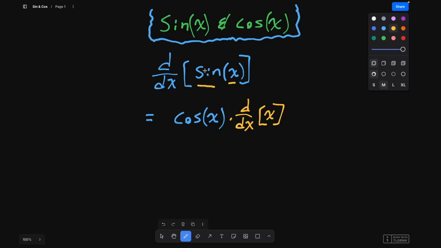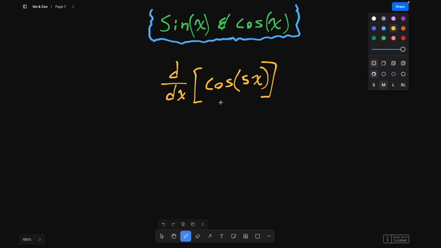So when we take the derivative of sine of x, we have cosine of our inside function multiplied by the derivative of our inside function, which in this case is just 1. So it would be cosine of x times 1, or just cosine of x. With that chain rule in mind, we can take derivatives of functions like cosine of 5x.